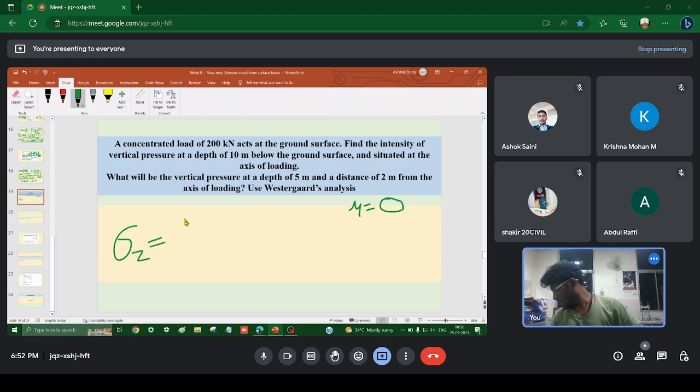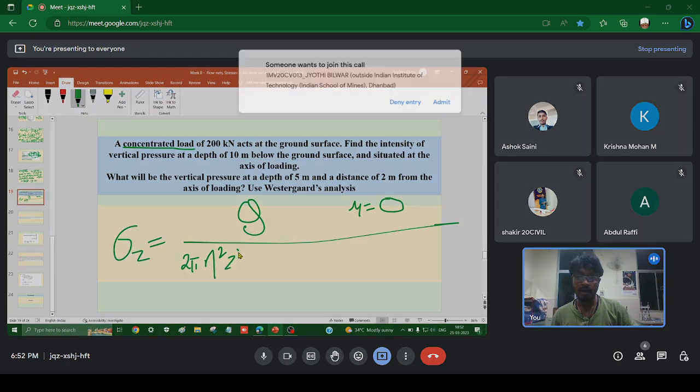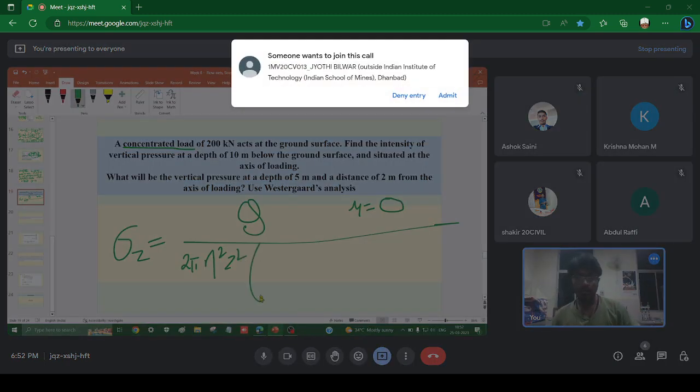The Westergaard's formula is sigma z equals to q divided by, for concentrated point load, q divided by 2 pi eta square z square, 1 plus r by eta z whole square, whole to the power 3 by 2.